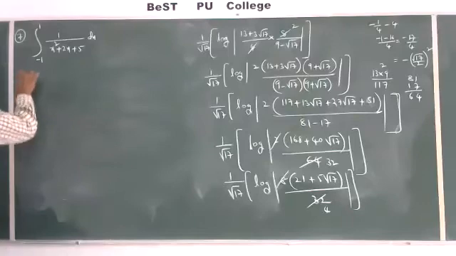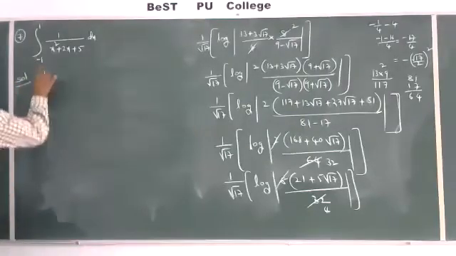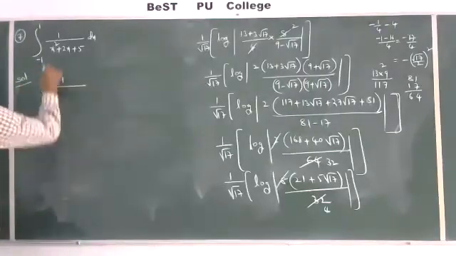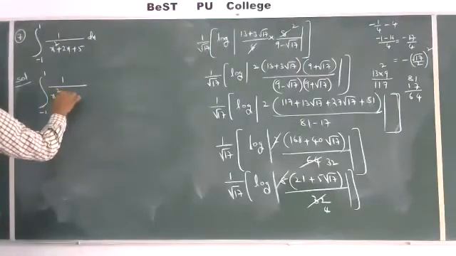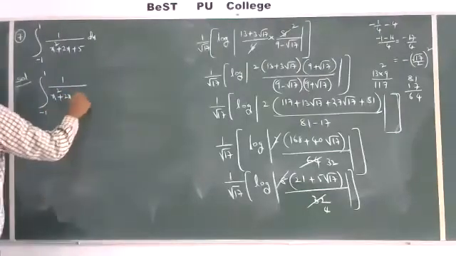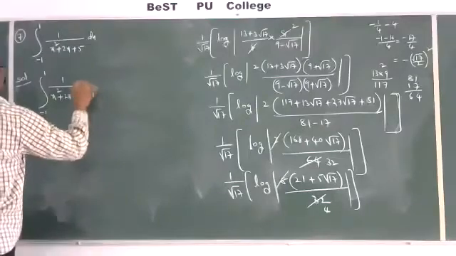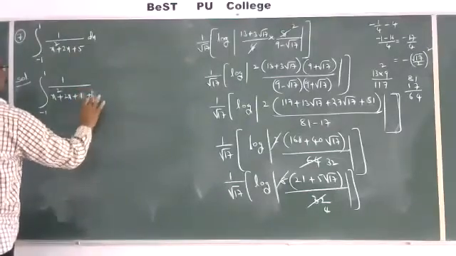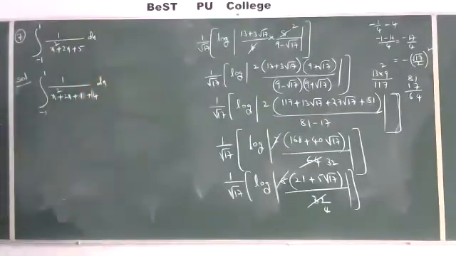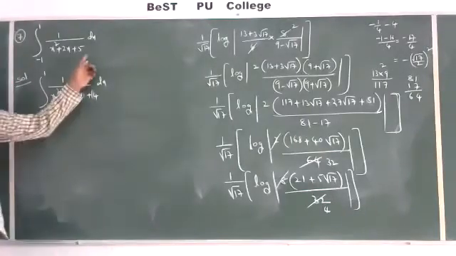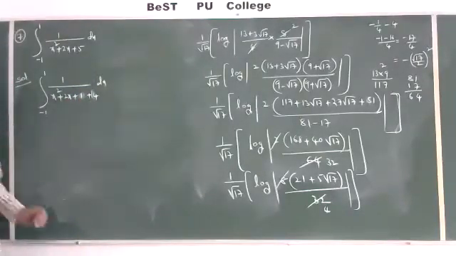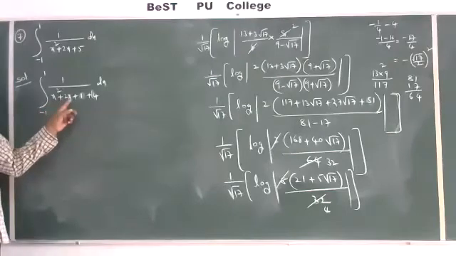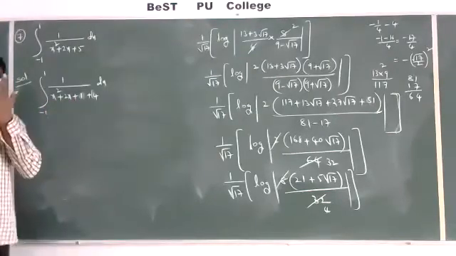Yes, solution. Integral minus 1 to 1, 1 by x square plus 2x plus 4 plus 1, sorry, plus 1 plus 4 dx. You write 5 is 1 plus 4. So this is x square plus 2x plus 1 is x plus 1 whole square.